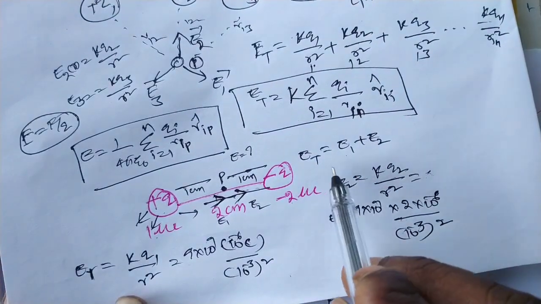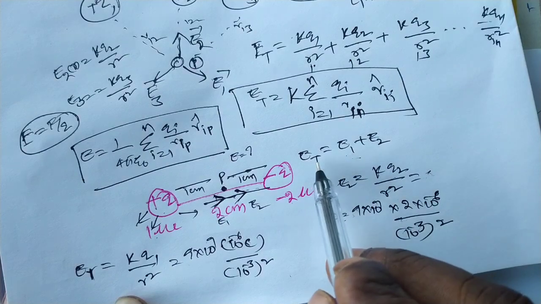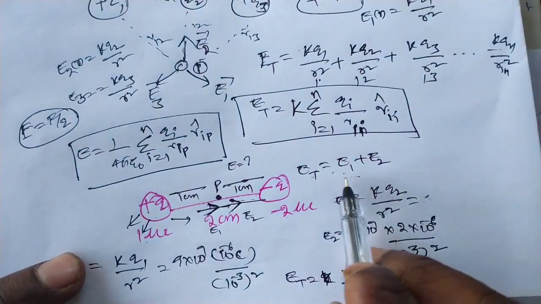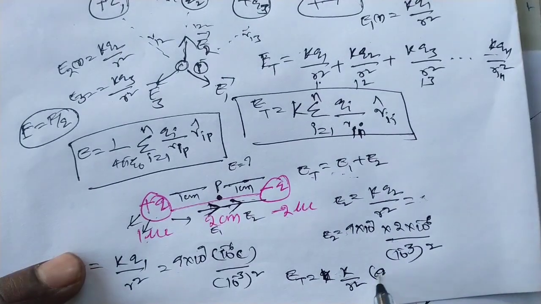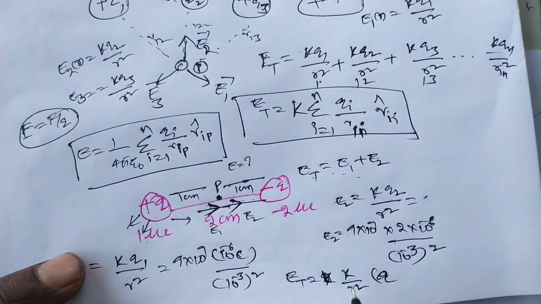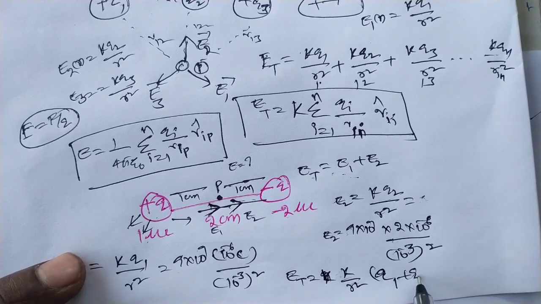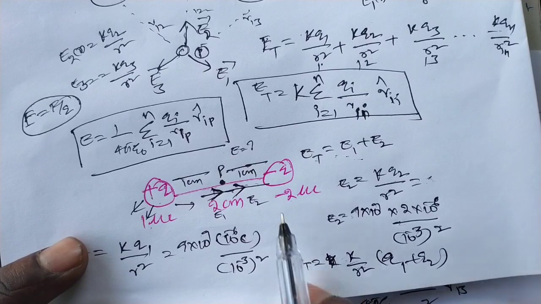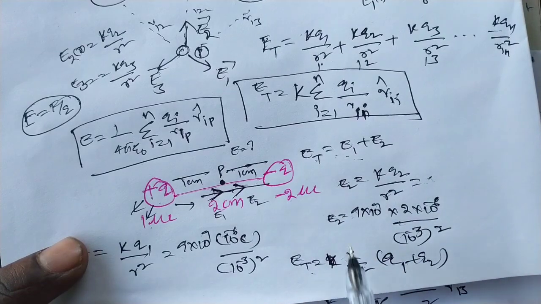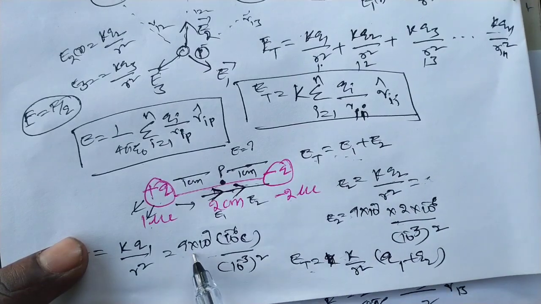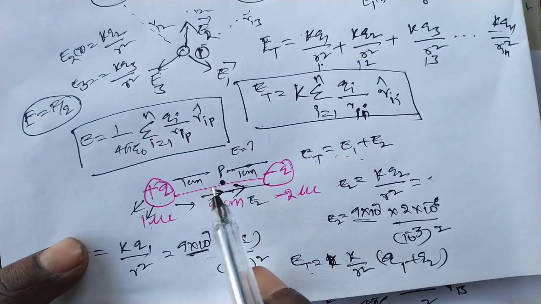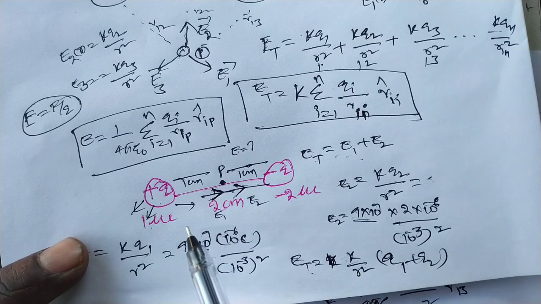According to the net electric field E1 plus E2, the total electric field E is equal to K by R square into Q1 plus Q2. K is common in both cases and R is common, so the only difference is Q1 and Q2.